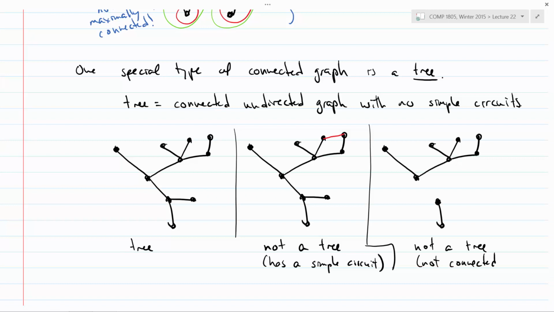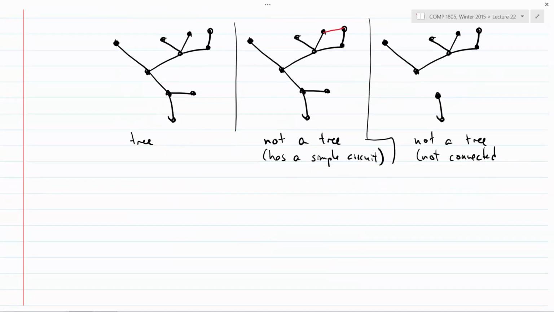So trees are really useful because they come up all the time. They're very simple in structure, which is something that we like about them. So oftentimes, when we have a graph, what we want to do is find what's called a spanning subgraph that is a tree. And usually that's just called a spanning tree. This is because trees capture all of the connectivity that the original graph had, but they have relatively few edges. Trees have fewer edges than the original graph, often.